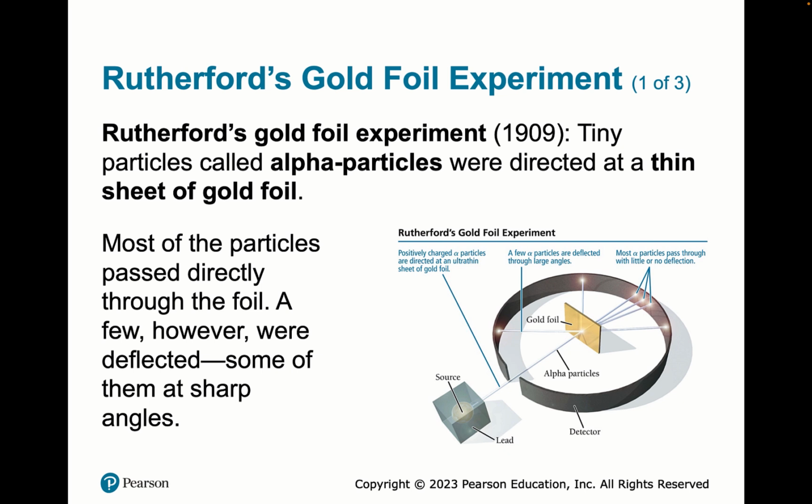Rutherford looked at it and was like, this isn't right. So what did they find out? Most of the particles went straight through, but some of them were deflected at an angle. This means that Dalton's atomic theory is not correct, and also the plum pudding model is wrong.